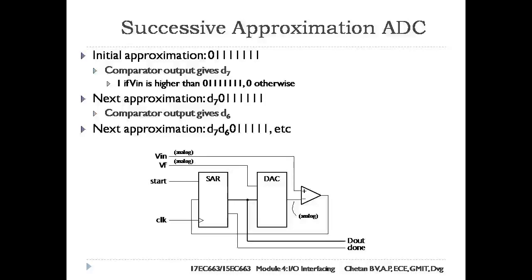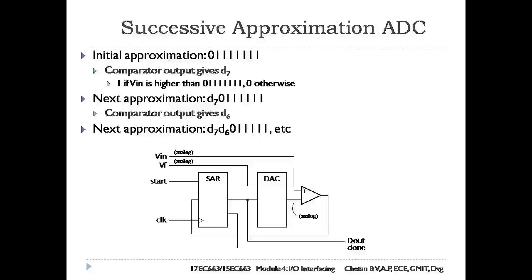The comparator output is stored as the most significant bit in the SAR, that is the successive approximation register, and the remaining bits are shifted down by one place. This gives the next approximation, which is D7, the MSB, followed by 0, then 6 ones, which is either 1/4 or 3/4 of the full scale voltage, depending on D7.